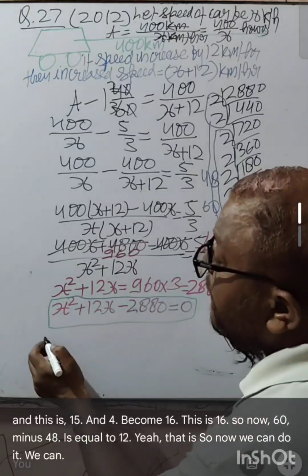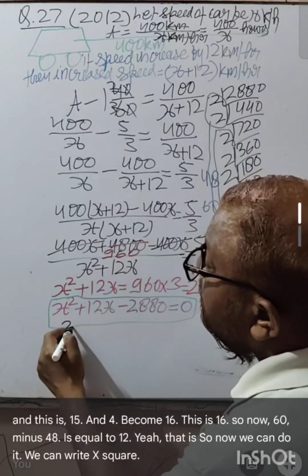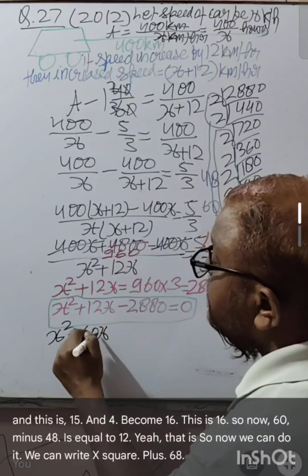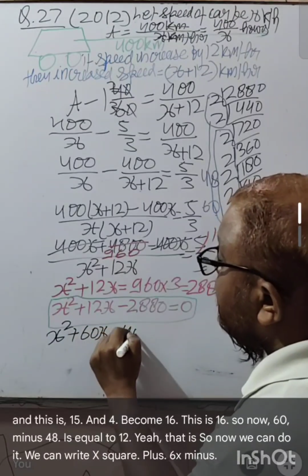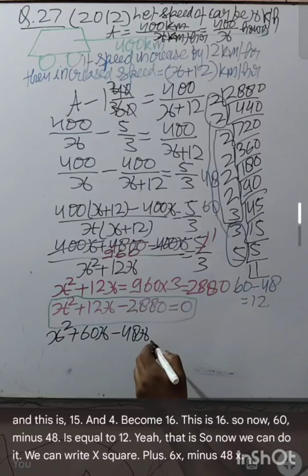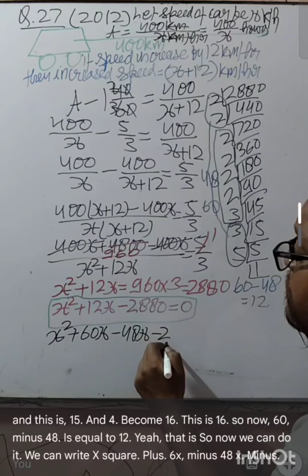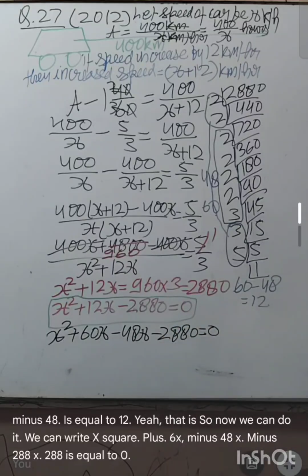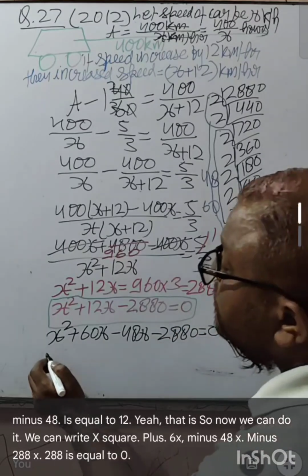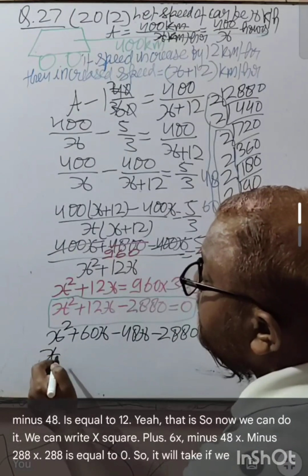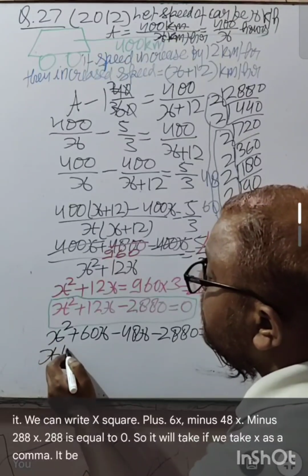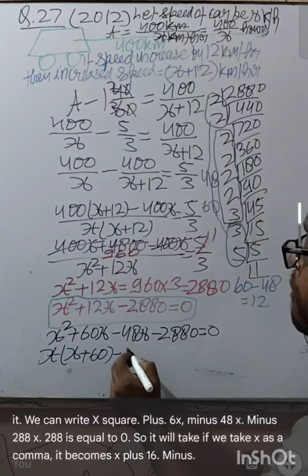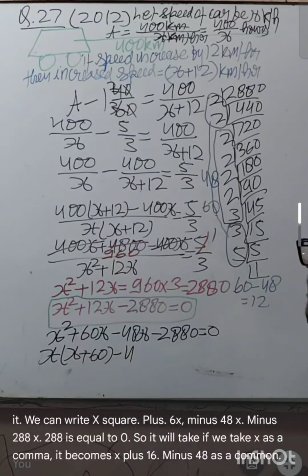We can write x square plus 60x minus 48x minus 2880 is equal to 0. So if we take x as common, it becomes x plus 60, minus 48 as common.